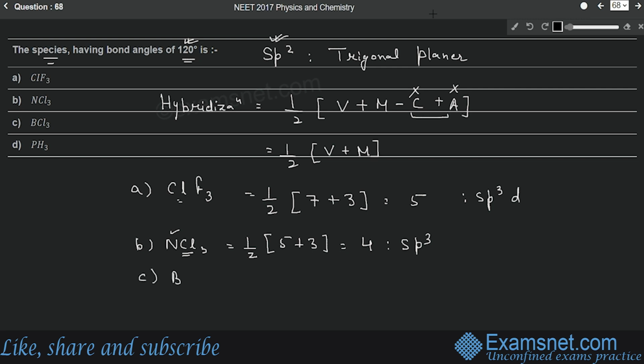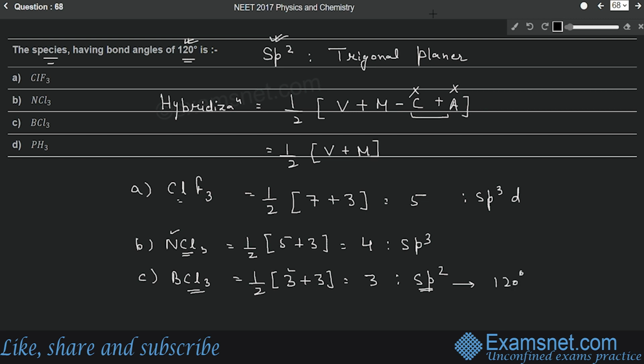Third one is BCl3. Half, the number of valence electrons on boron is 3 plus how many monovalent atoms attached? 3. So half into 3 plus 3, that is 6. Half into 6 will be 3. For this, the hybridization will be sp2. Total 3 orbitals, so obviously this is sp2, then the angle will be 120 degree here.